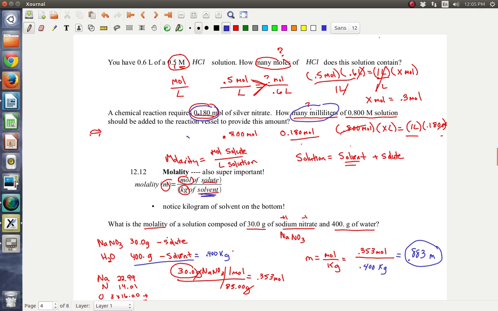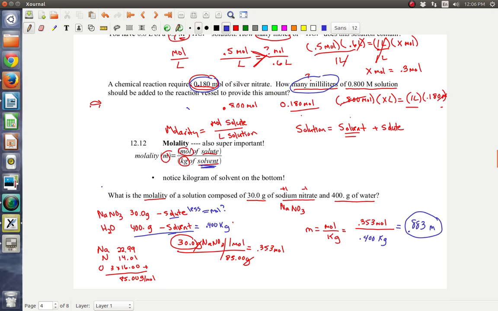Okay, let's recap here. You're going to have to figure out which one is a solute and which one's a solvent. Solute is the one that you have the least amount of. Solvent is the one you have the most of. And then once you know that, you can figure out how many moles of the solute. The solute has to be turned into moles. And then in order to do that, I got to calculate the molar mass. Down here I did that, calculated the molar mass.